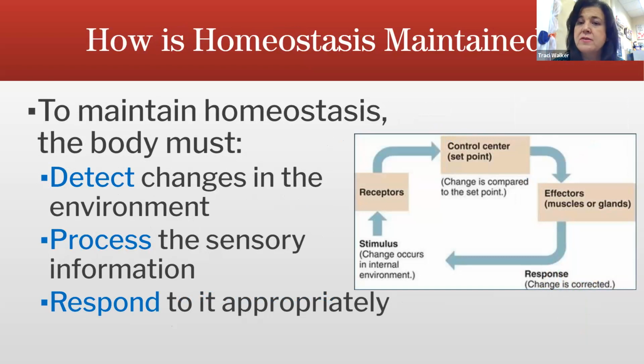When there are changes, these organs send a message to the control center. The control center is our brain. The control center then processes these messages that are coming in from different parts of the body, and sends out an appropriate response and tells the body what to do to fix whatever problem is going on.